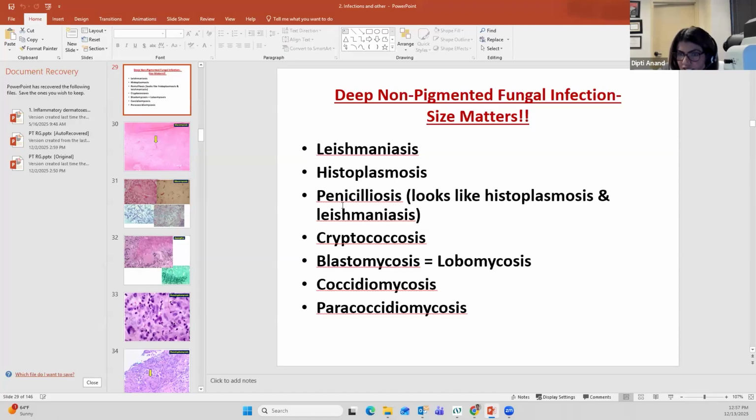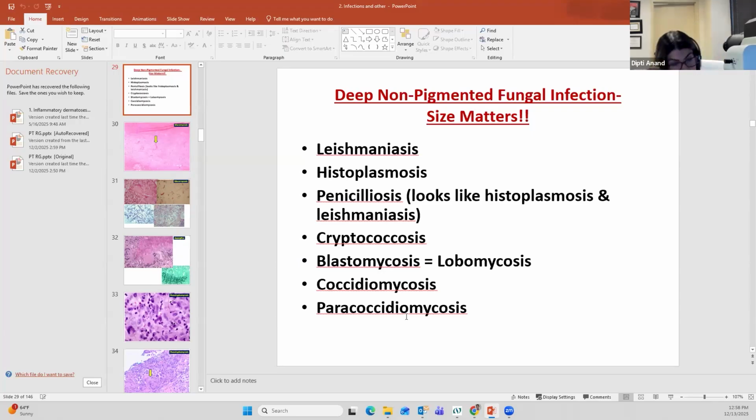You cannot distinguish it again. But penicilliosis occurs in neutropenic patients, so you look for certain clues that they are asking you to detect penicilliosis. Then comes cryptococcosis, blastomycosis, which is equal in size to lobomycosis, and you have coccidio and paracoccidioidomycosis.